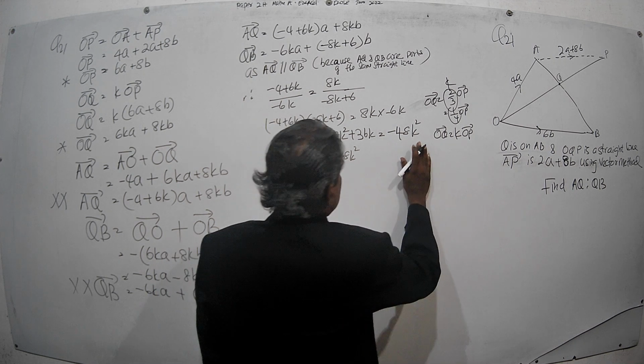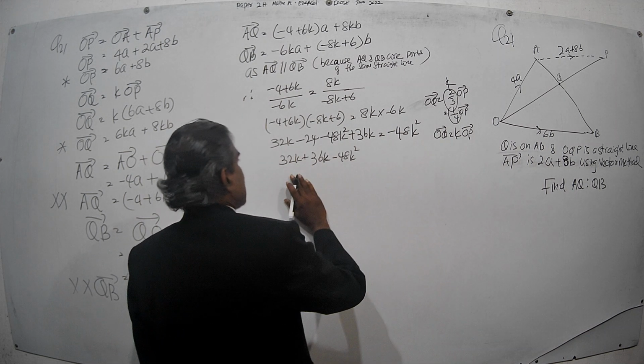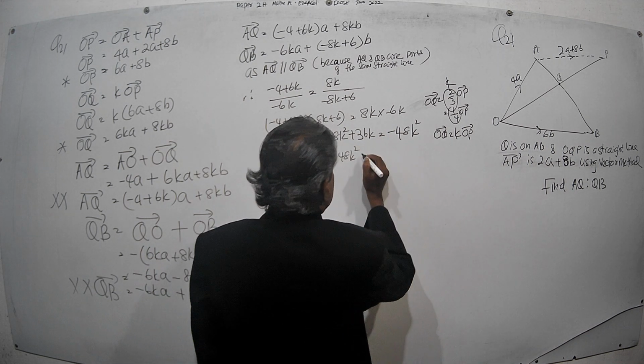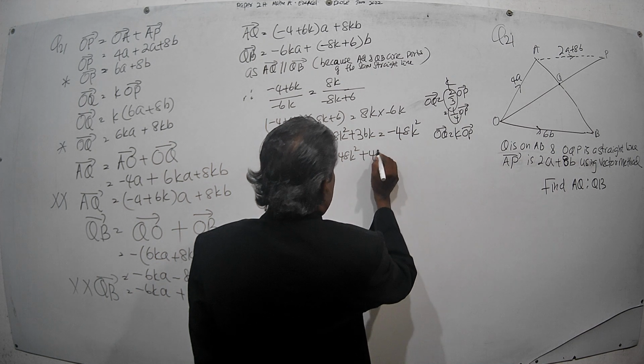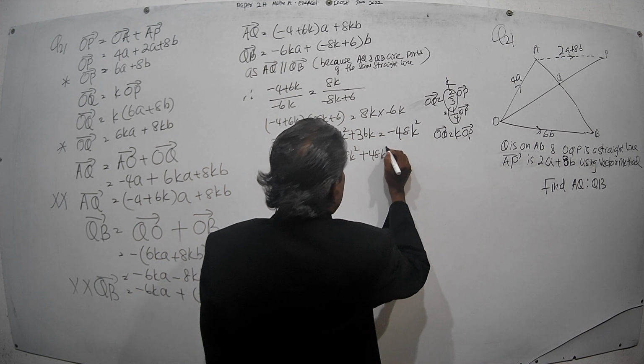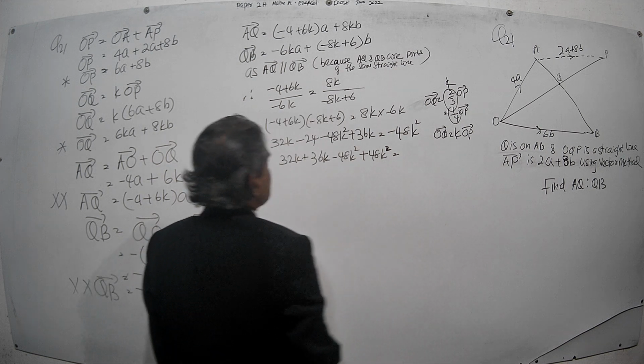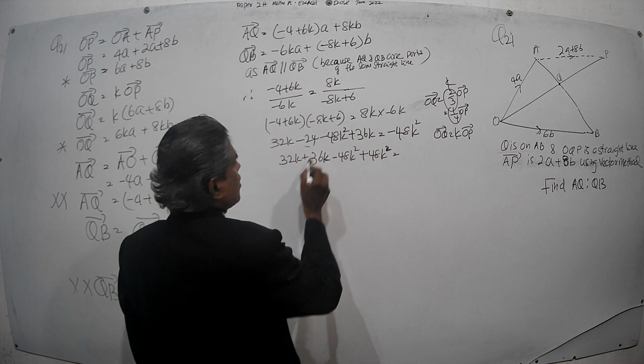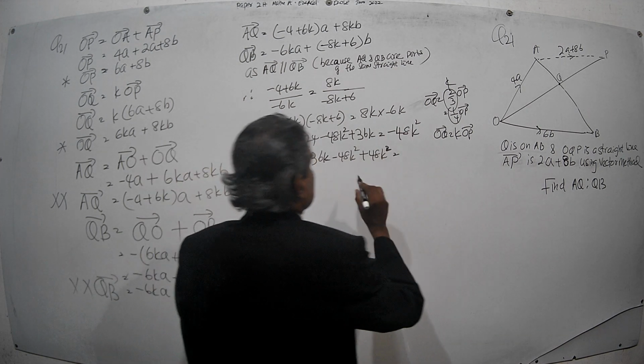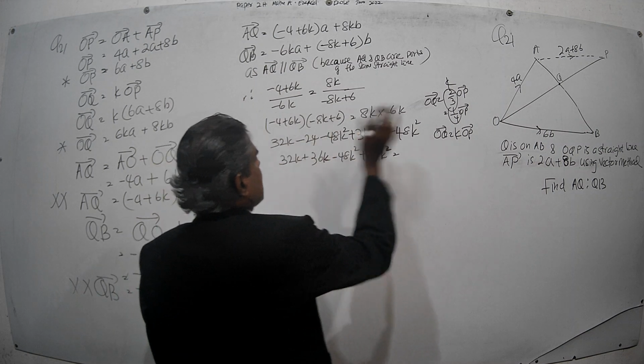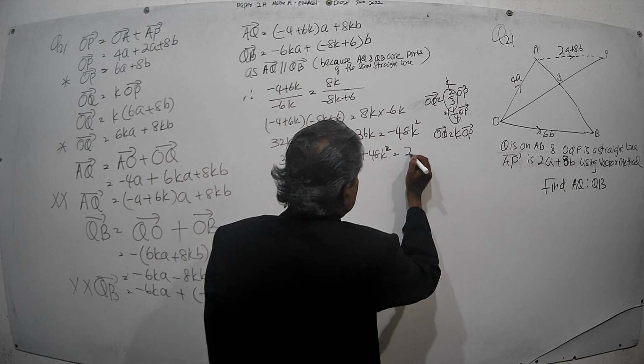Minus 48k squared is taken to this side, then it becomes positive 48k squared. Okay. Now we will take the other plain term, this one, to the other side. Then only 24 is plain here. Take that to that side: minus 24 becomes plus 24.